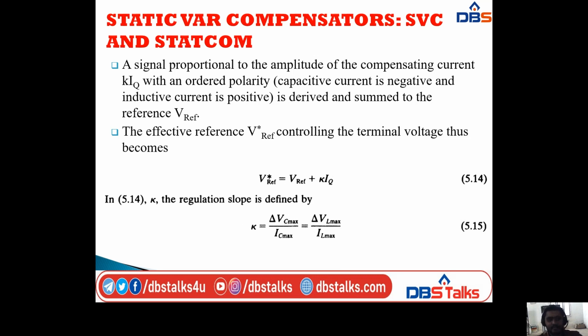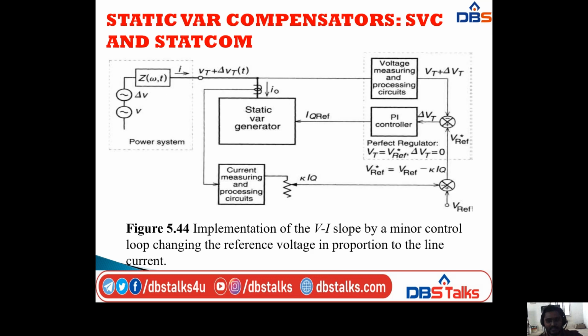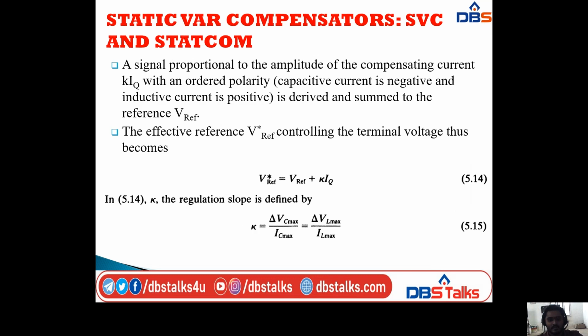Here in the diagram, a signal proportional to the amplitude of the compensating current, that is K times IQ, is derived with an ordered polarity, that is, capacitor current is negative and inductor current is positive.